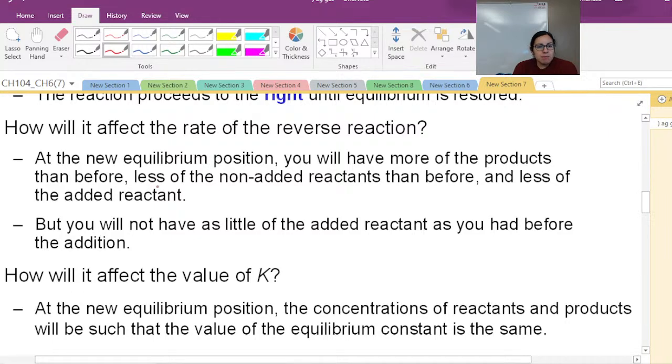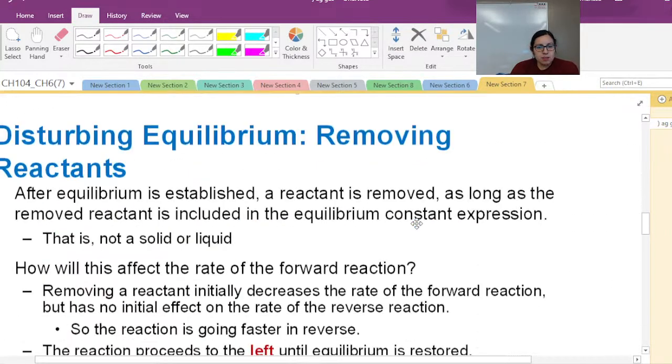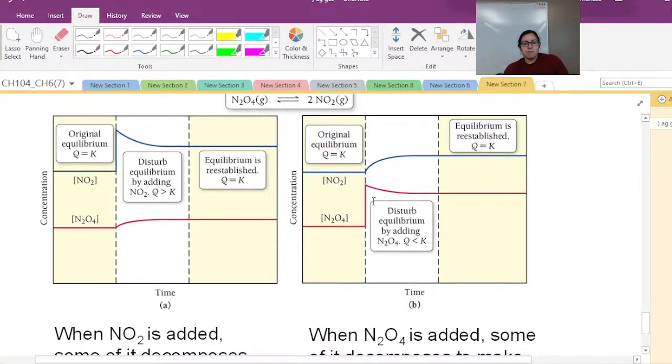And then it says we have less of the non-added reactants, so that makes sense. If we had a second reagent in there, then that would have to be consumed to make more products. And then obviously we have less of the added reactant. And so yes, let's see that verified. Okay, that matches up.